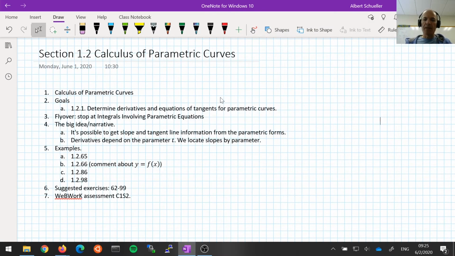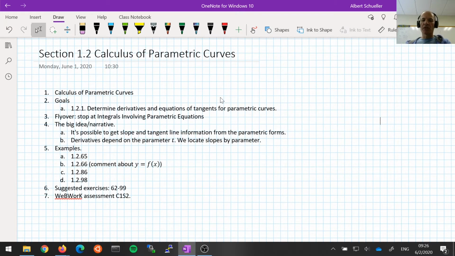The big idea here is that even if you're given the equation of a curve parametrically, it's still possible to get slope and tangent line information and concavity information from the second derivative from the parametric forms directly. It's not necessary for you to convert them to, say, y equals f of x.